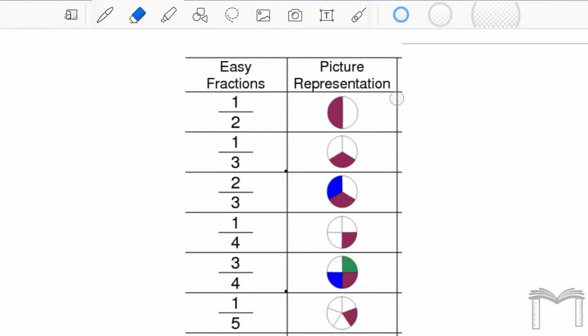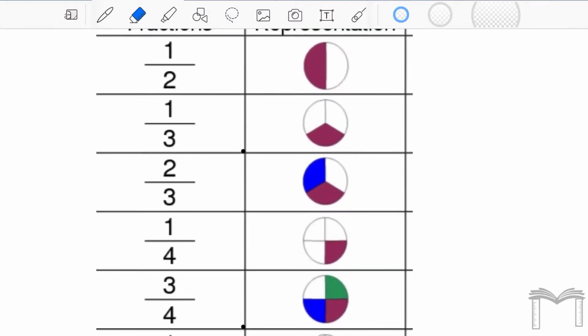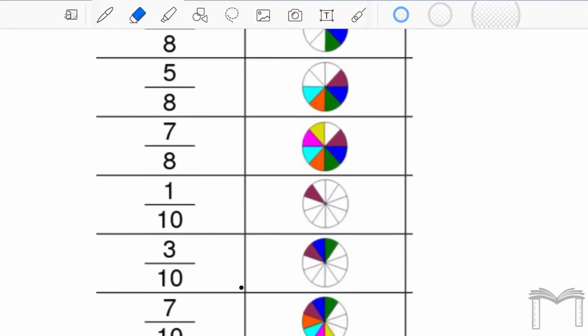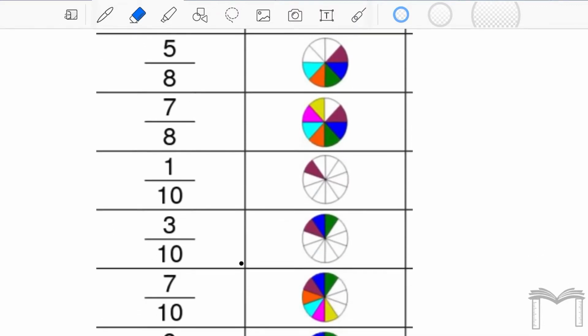Here on the left, we have a half, a third, 2/3, 1/4, 3/4, and 1/5, 2/5, 3/5, 4/5, 1/6, 1/8, 3/8, 5/8, 7/8, 1/10, 3/10, 7/10, and 9/10.